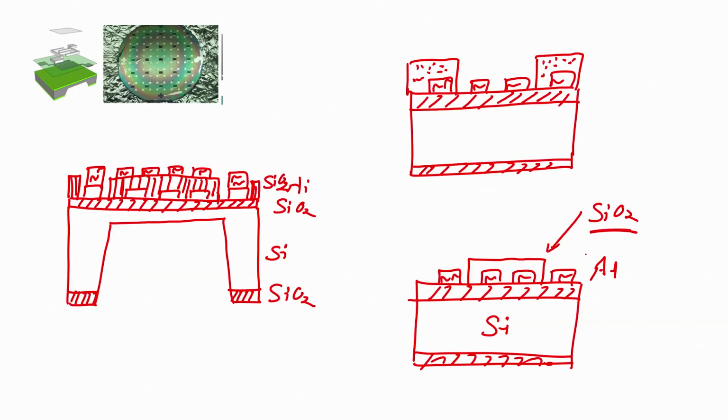In that case, what I am doing is photoresist is patterned in this kind of way, and then on this photoresist I will deposit or grow silicon dioxide.